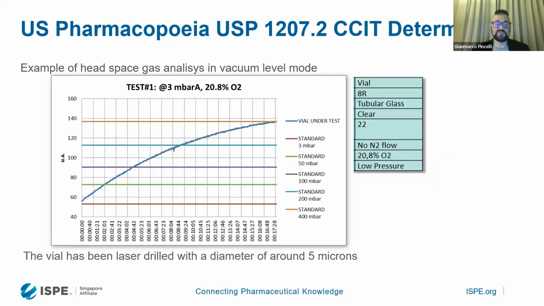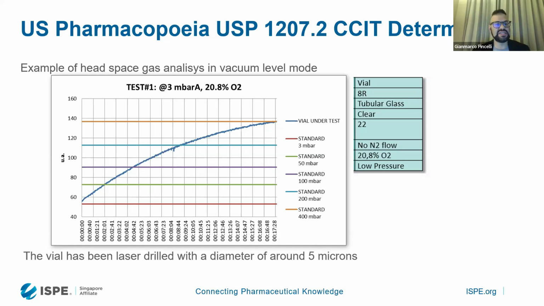About the application of headspace gas analysis in the USP 1207, it's really important to understand the effect of time. So you need to have what I call quarantine. This is an example of a test we made. We take one 8R tubular vial, we make a 5 micron hole on that, and we pass the product on the machine several times over 17 minutes.